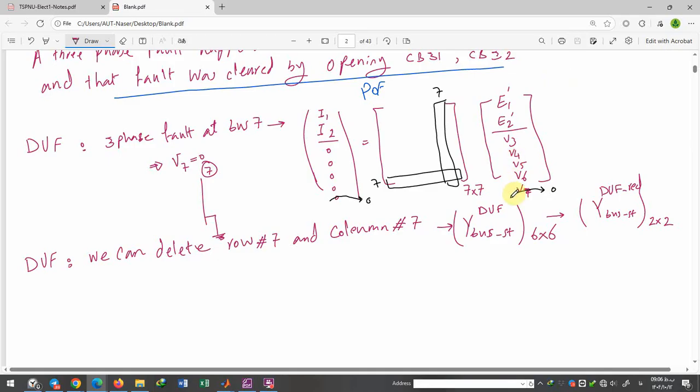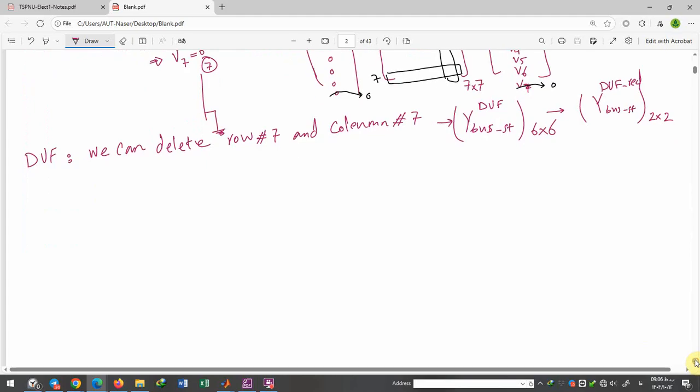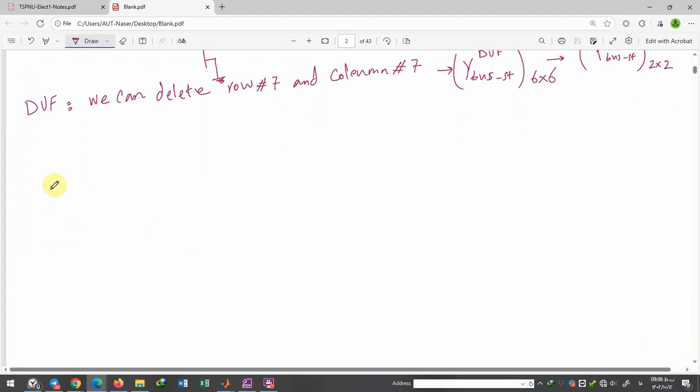And so the Y bus stability during fault is minus J5, 0, J5, 0, 0, 0.